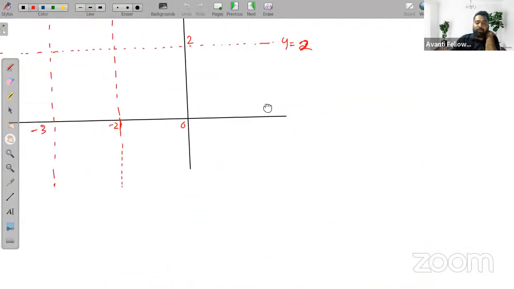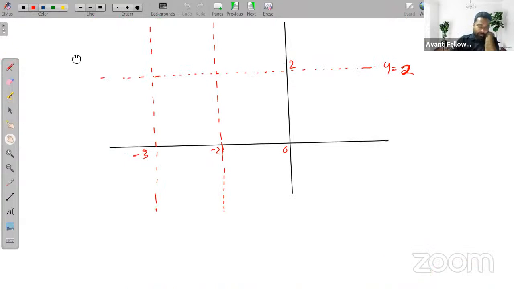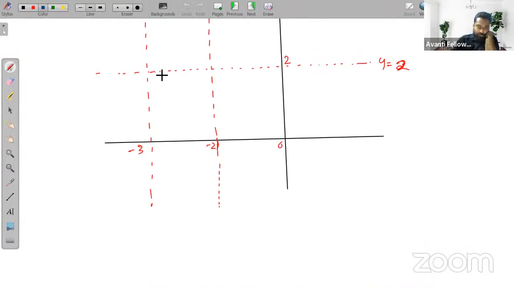And here now the graph is actually like this, and at x is equal to -2 you have to give a hollow circle, because at x is equal to -2 it is not defined for the first condition, when x is not equal to -2. Okay, this is the graph.